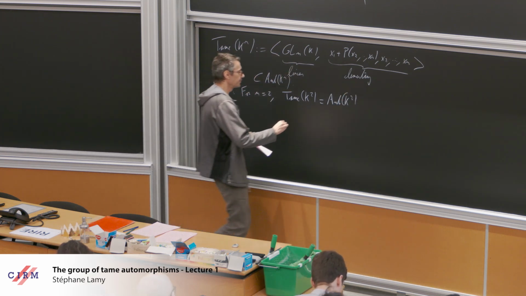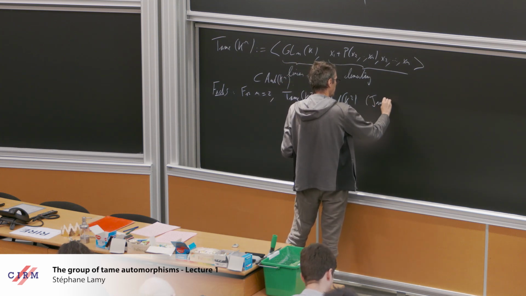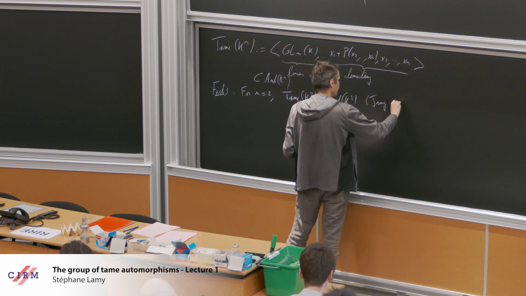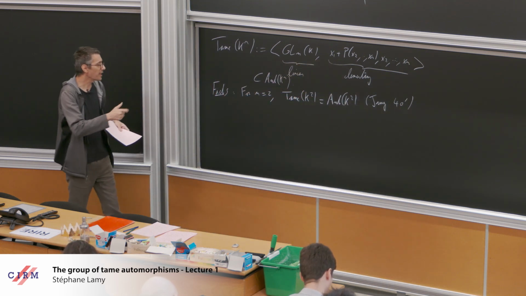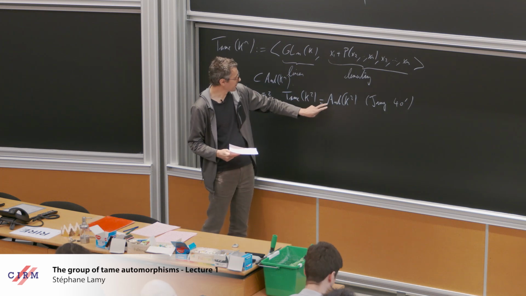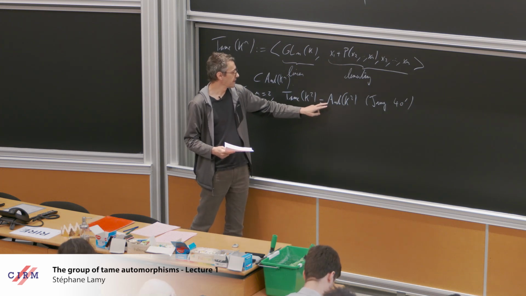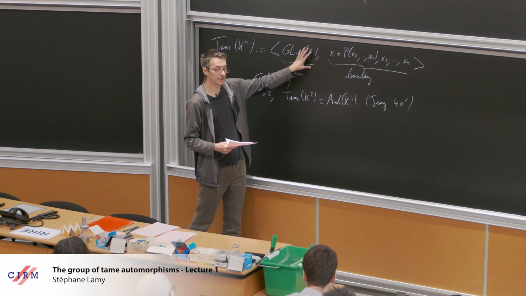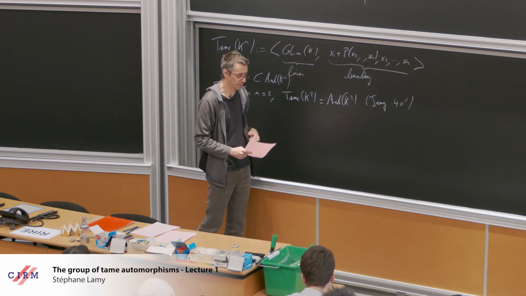That's known as Jung's theorem. It was proved in the 40s. There is a second part of this result that we will see later today. For the moment, any automorphism is generated by that, and after that you can ask about the relations. That's the second part that will come later.